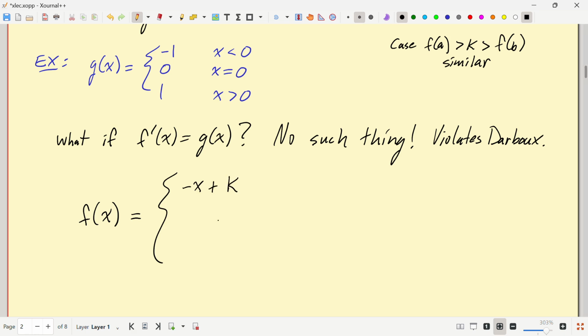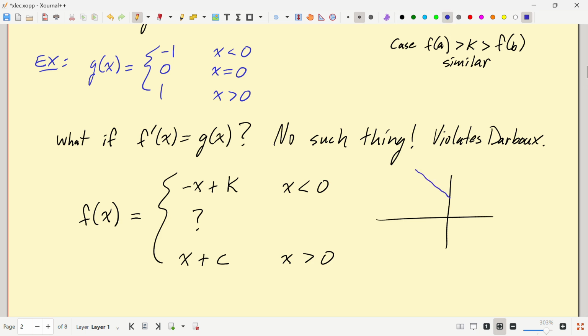At 0, who knows what it is? And for x bigger than 0, it would be x plus some other c. So the graph would have negative slope over here, and then positive slope over here, and be a c at 0.